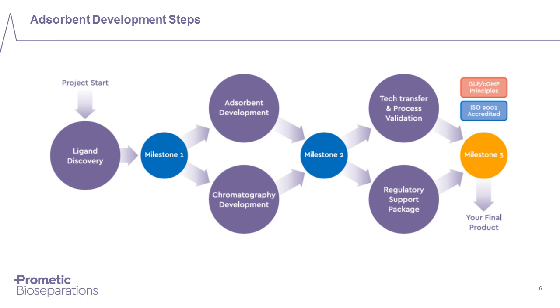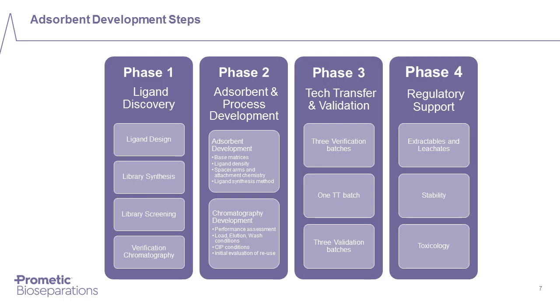So just to give a bit more detail on each one of those phases, as you can see here, we divide into the 4 phases. The first one, the ligand discovery, is the one where we have developed a handy tool to facilitate this, or remove some of the work from our hands to the clients or your hands.